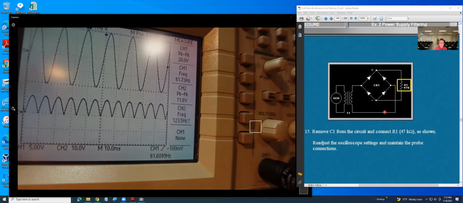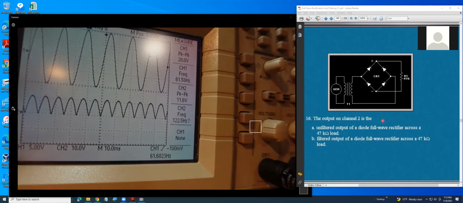Right. All right, now remove C1 and connect R1 as so. Okay, so basically now they connect it back to R1.